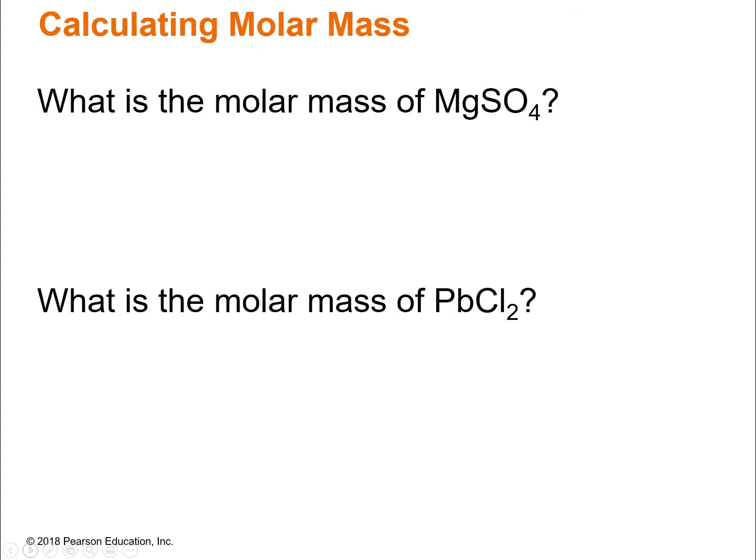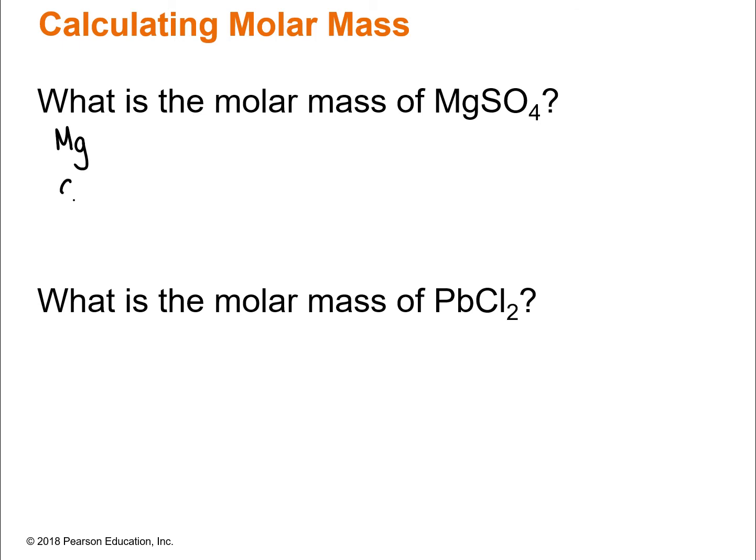We're going to talk about that more here, so I'm going to do an example problem for you. And then if you still have questions about it, we can address those. I just don't want to get too far behind. By and large, we're going to encounter compounds, not just individual elements. But the concept is exactly the same. You're going to look up each of the elements that you see in the compound. Here we've got magnesium sulfate.